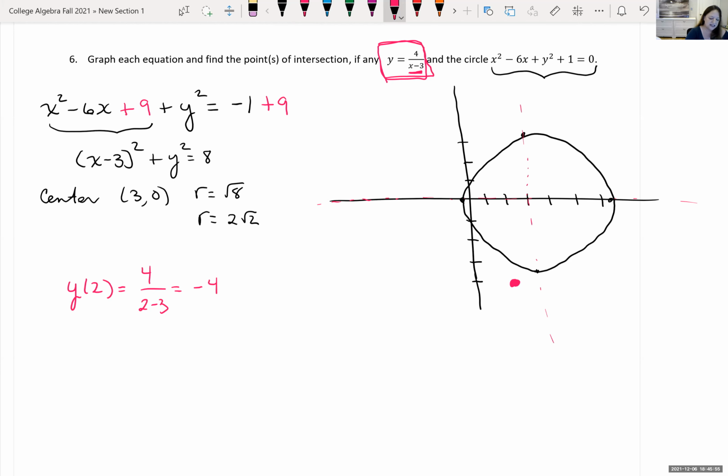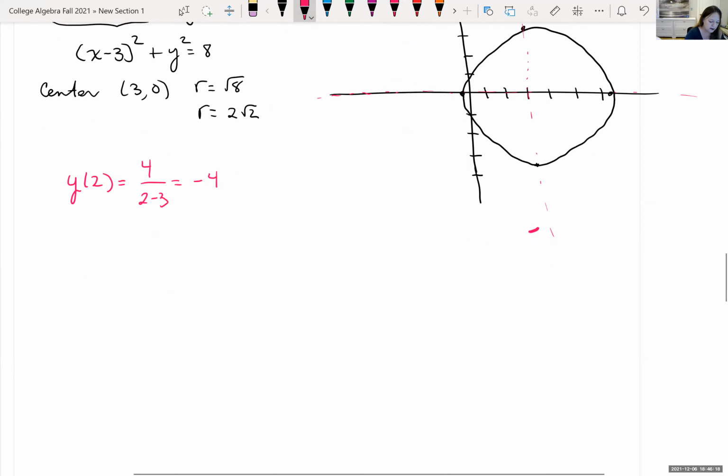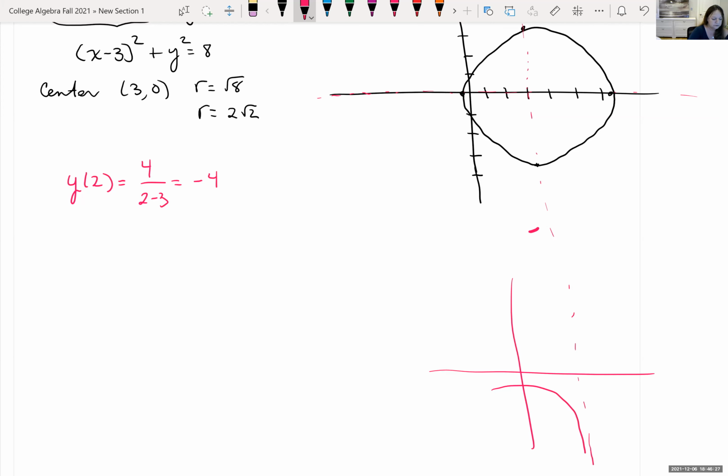Okay, so knowing that, my graph is going to look something like this. And I don't know actually if it's going to cross the circle or not, or if it's going to cross it more than once. And I technically won't know that until I solve for those points. But I know that this is going to look something like this, at least on that side of 3.